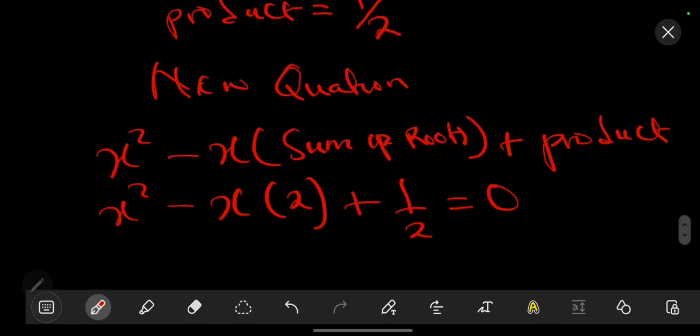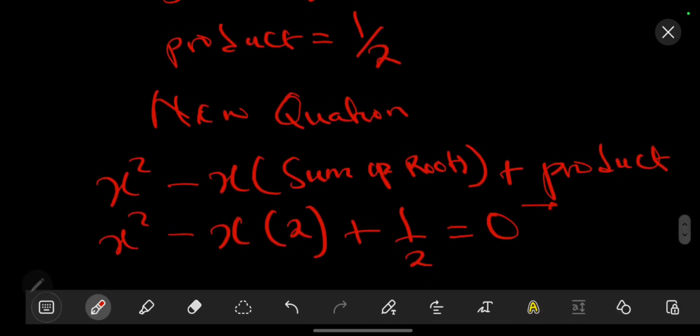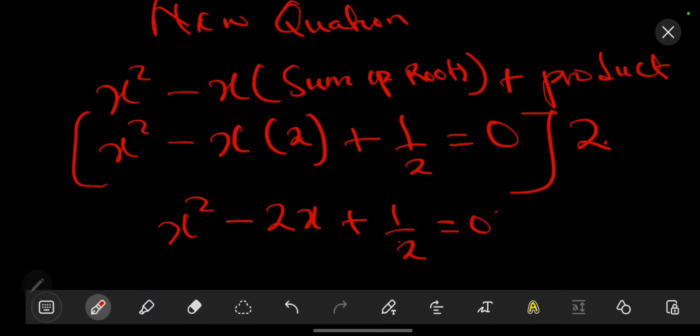So to get rid of this 2 down there, we can multiply by 2 throughout. Okay, let's not do this first. Let's simplify. So we have plus 1 over 2 should be equal to 0.